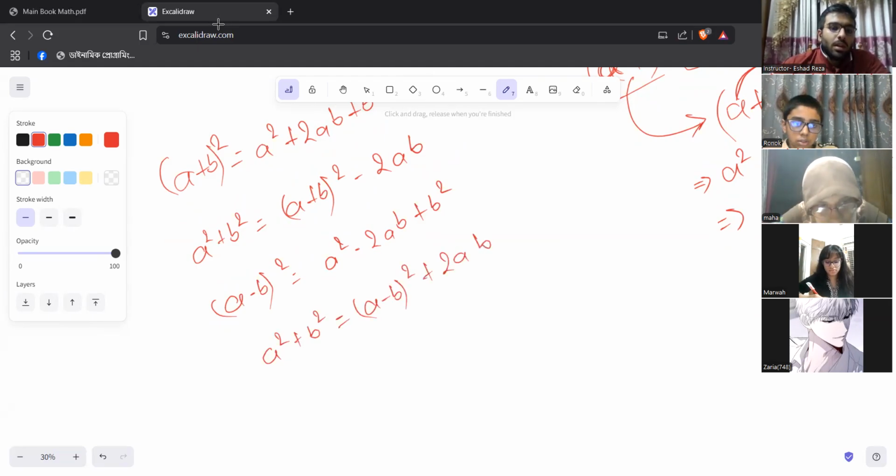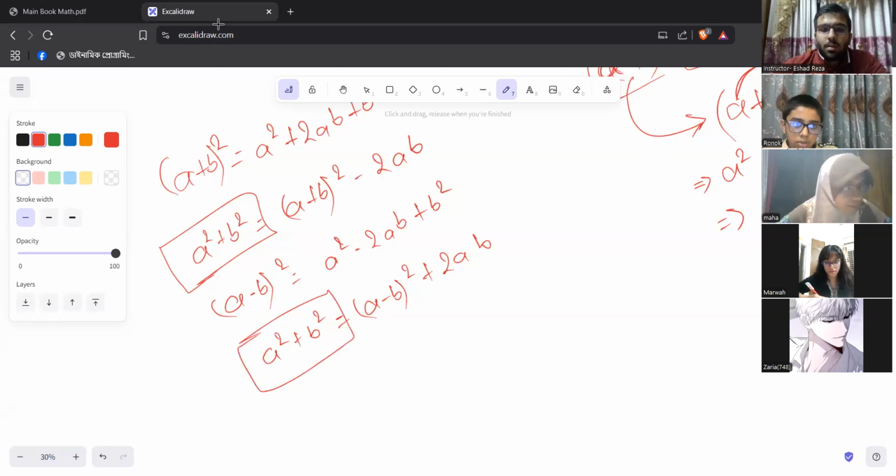Notice that these are the same things. This is a square plus b square, and this is also a square plus b square. But they're both indicating two different things. One is (a plus b) whole square minus 2ab, and one is (a minus b) whole square plus 2ab.